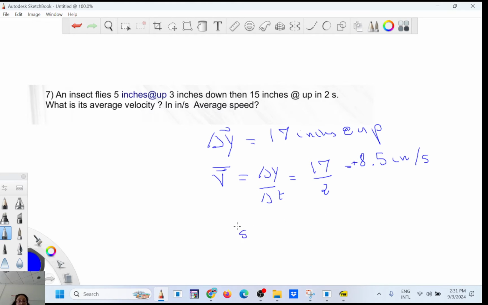But the average speed is going to be the distance over the time. So it's going to be 23 over 2. Is that right? So 11.5 inches per second, right?